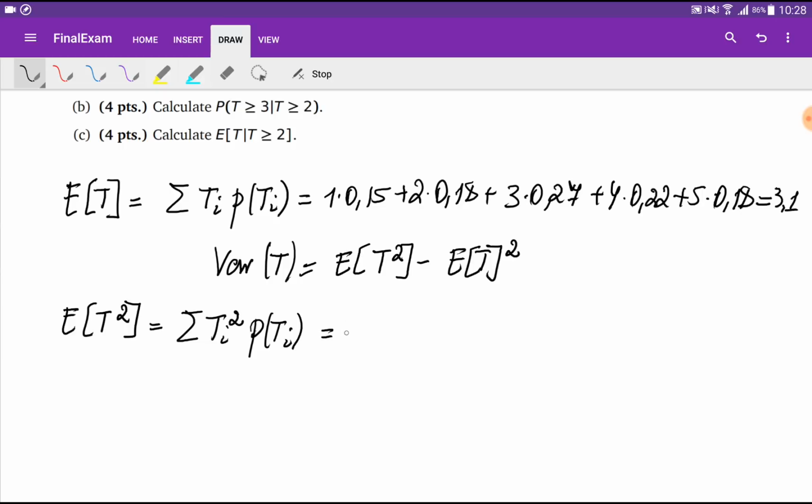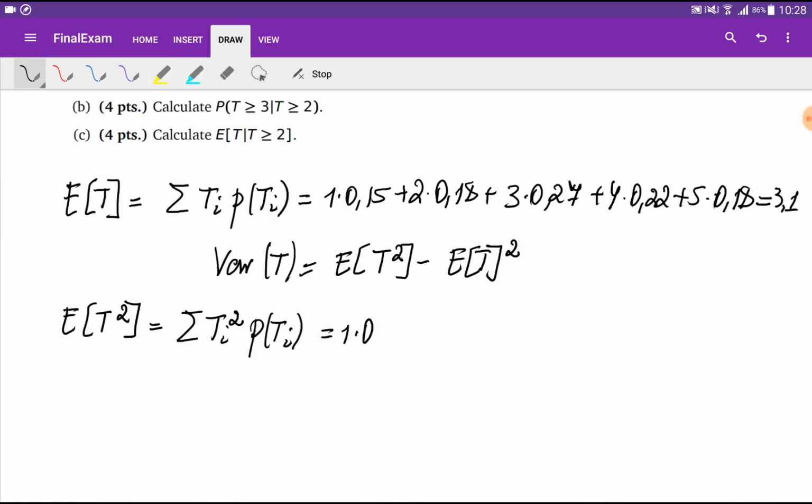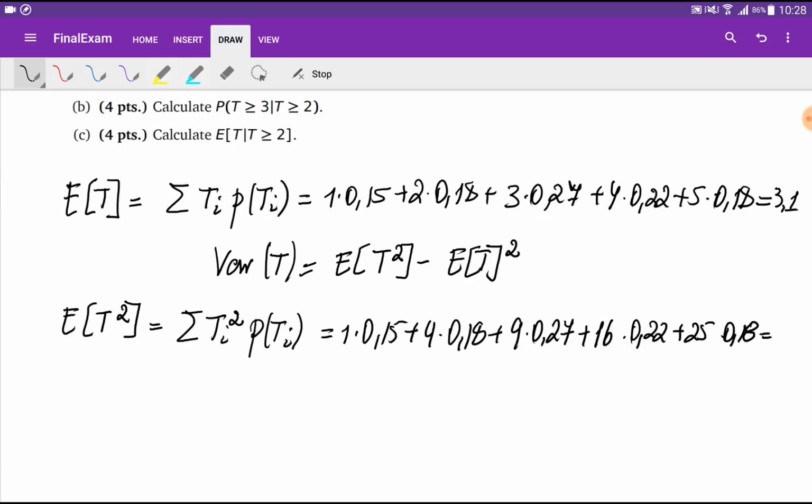So this is equal to 1 multiplied by 0.15 plus 4 multiplied by 0.18 plus 9 multiplied by 0.27 plus 16 multiplied by 0.22 plus 25 multiplied by 0.18. And if we evaluate everything, we are going to get the answer 11.32.